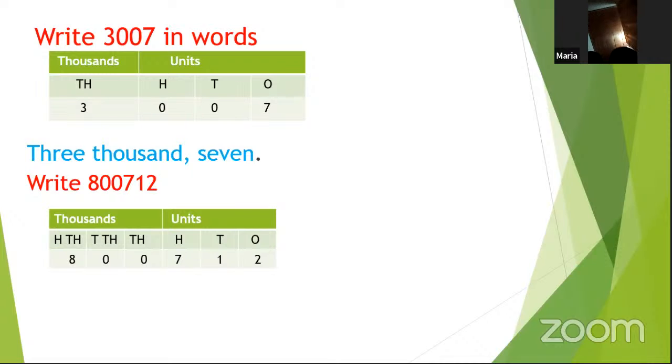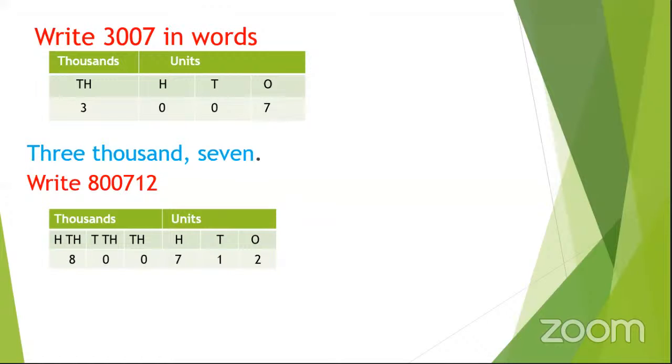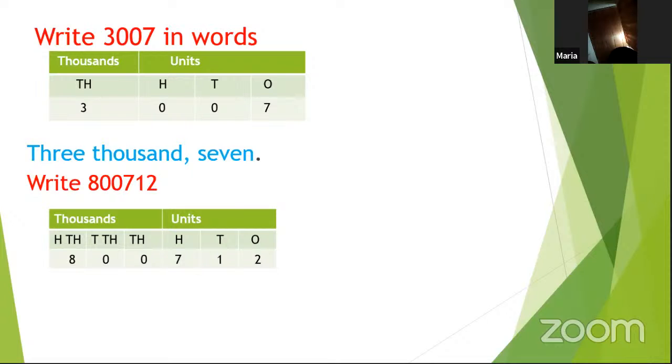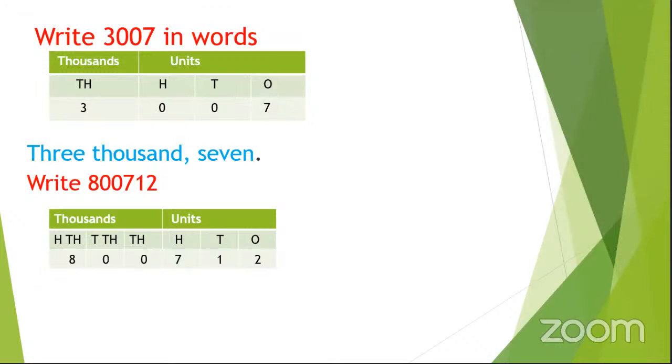Nasha? Yes, can you try out that? Okay, try to read. 800,000 712.